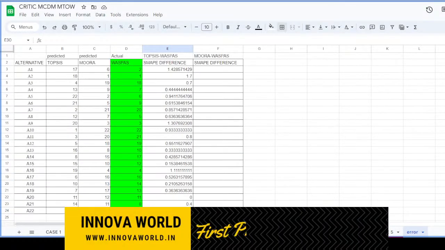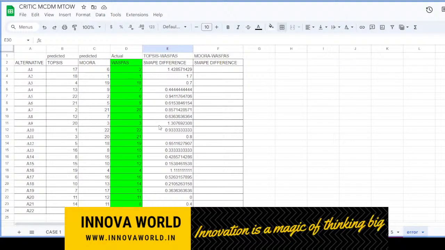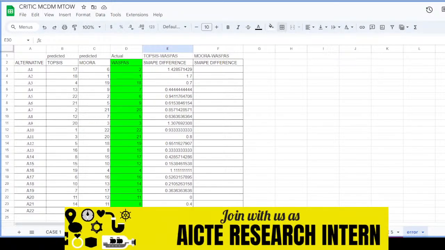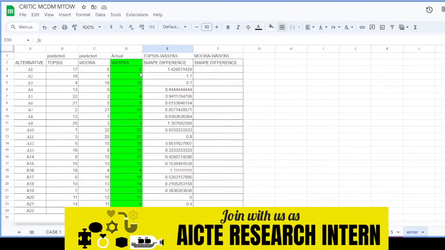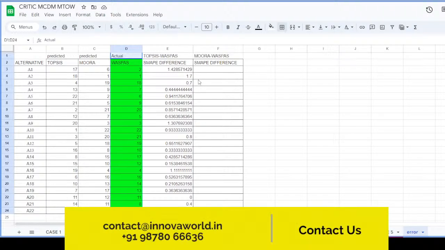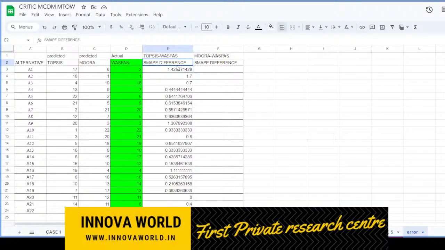So if I am utilizing the TOPSIS method in this particular research, of course right now I can't say, I have to check with MURA as well. If MURA also gives the same, that means something is wrong with the actual one. If MURA doesn't give the same result, then it will be considered. So similarly, how can I perform it for MURA to know how accurate the model is?